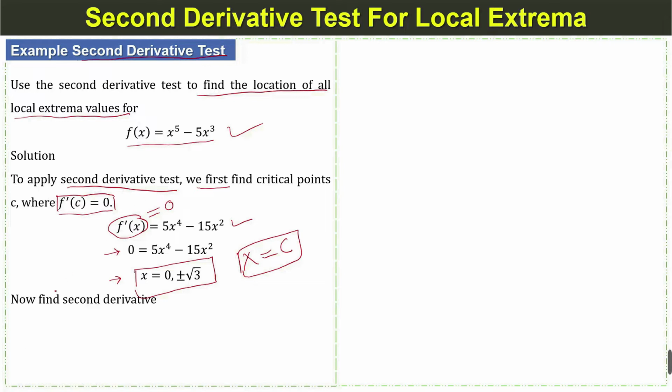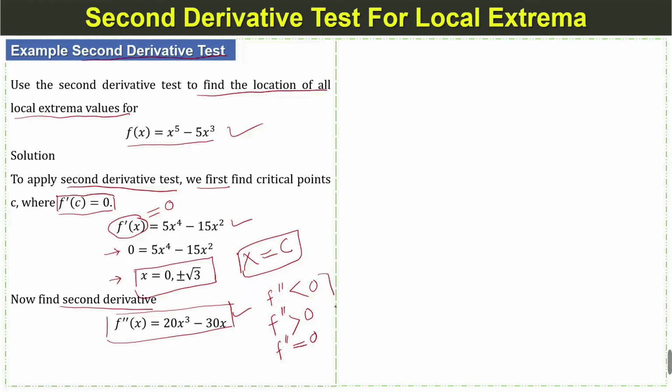So here we have the second derivative of the function, and now we will find its value at the critical points, and then we will check whether it is less than 0, greater than 0, or equal to 0 at the critical points.